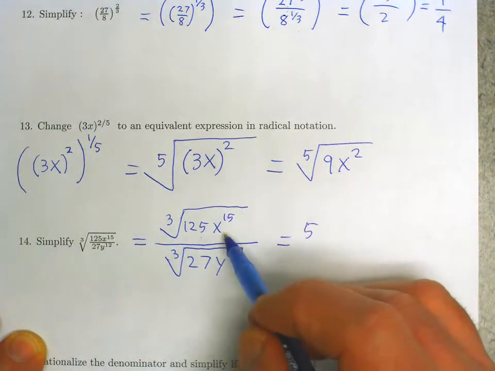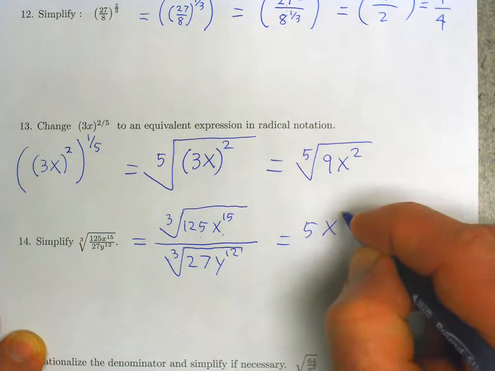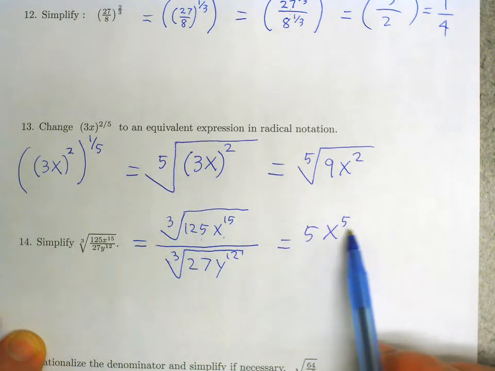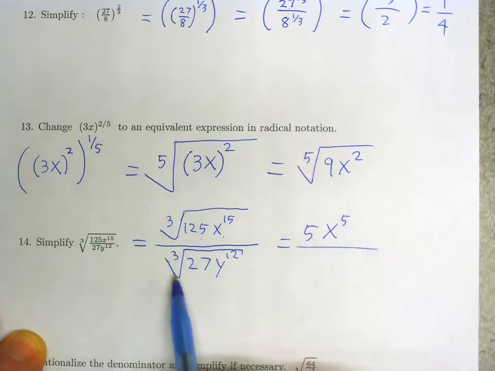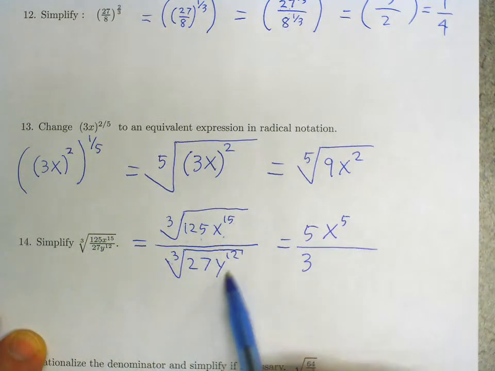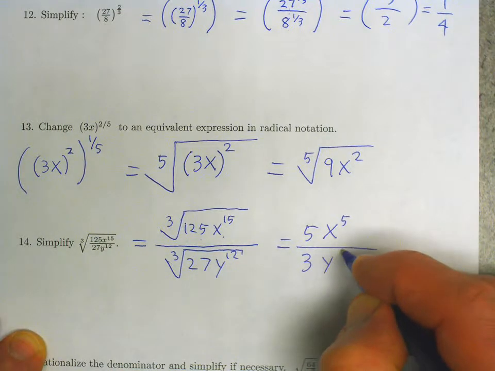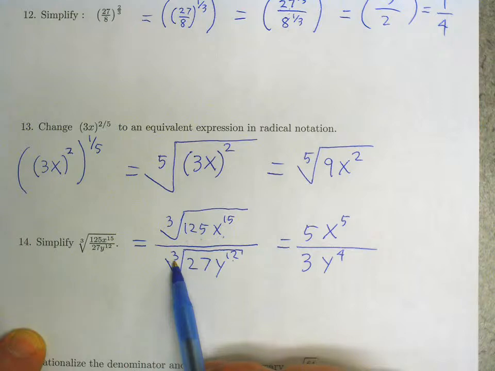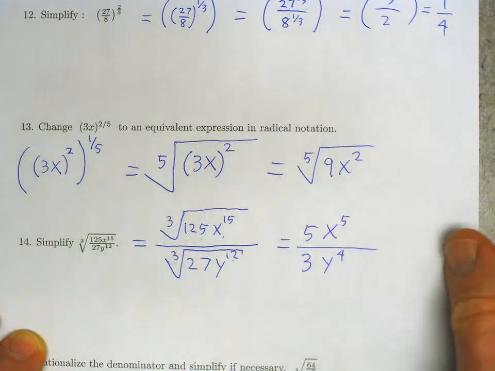The cubed root of x to the 15th is x to the 5th because the exponent 15 divided by 3 is 5. And we're dividing that by the cubed root of 27, which is 3. And the cubed root of y to the 12th is y to the 4th because the exponent 12 divided by the index 3 equals 4.